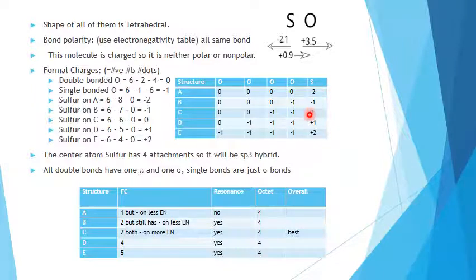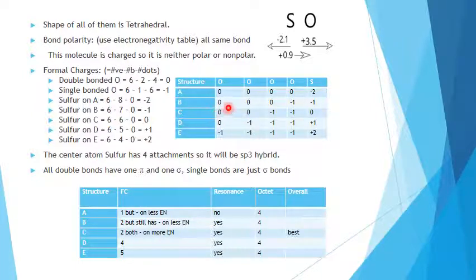The thing about C, it puts the formal charge on oxygen and nothing on sulfur. And that's probably your best scenario. We know there's going to be negative formal charge because this has a 2- charge, and you want to have that negative on the highly electronegative atom. So C is probably your best.